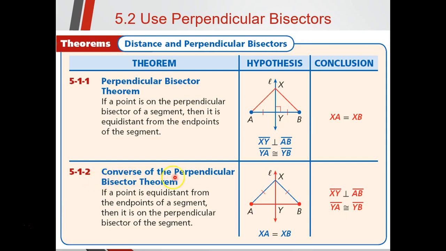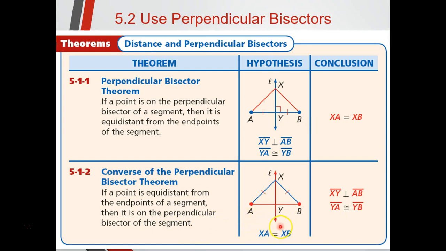Now, let's look at the converse of the perpendicular bisector theorem. It's pretty much the same thing as this up here, except like what it says, it's the converse. We reverse the hypothesis and the conclusion with each other. So if a point is equidistant from the endpoints of a segment, then it is on the perpendicular bisector of the segment.